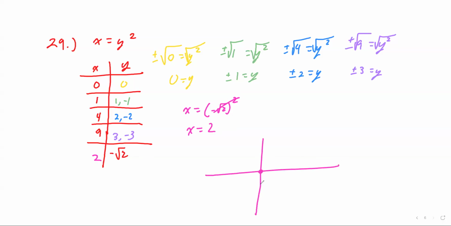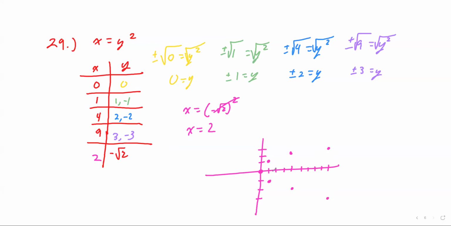So I got (0, 0). I got (1, 1). I also have (1, -1). Then I have (4, 2) and (4, -2). So then I have this right here. And then I have 9. So 4, 5, 6, 7, 8, 9. And they're at 3. I might be off just a little bit. It's a little bit harder to eyeball this.